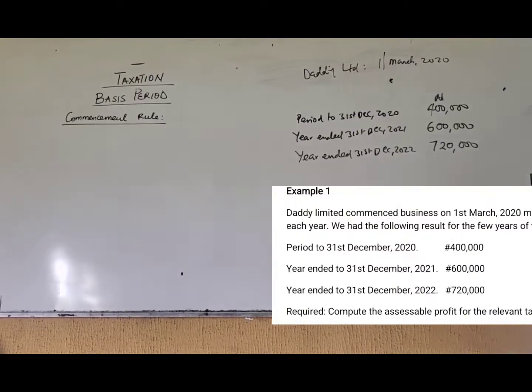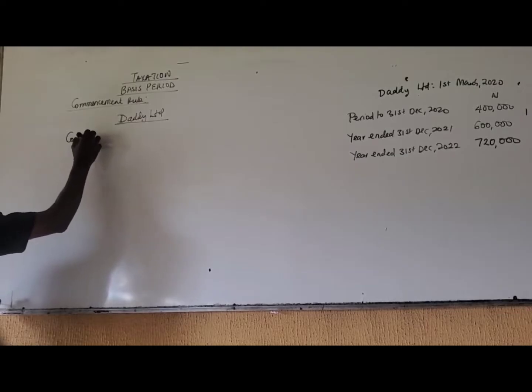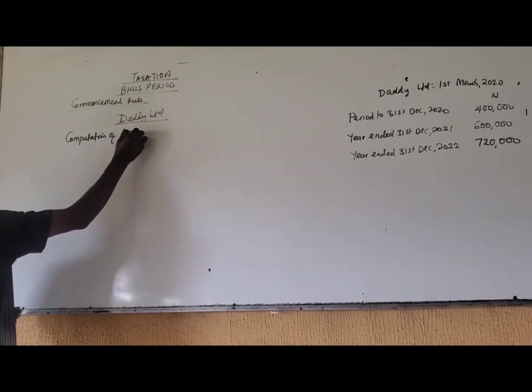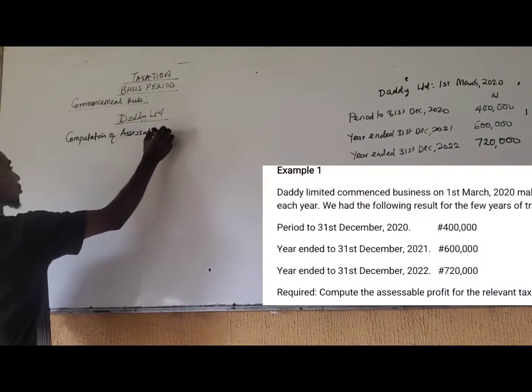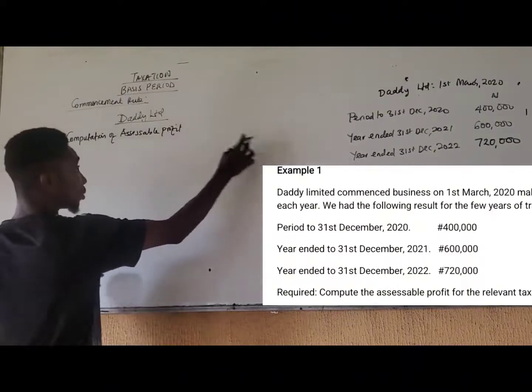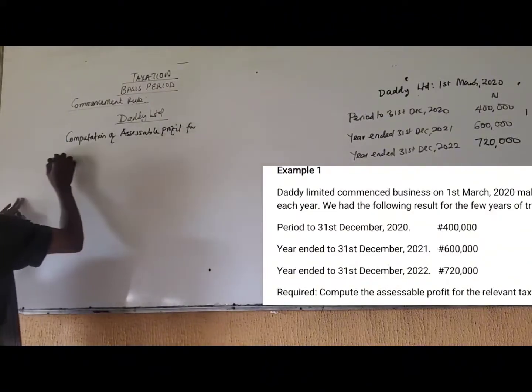Okay, so without wasting time, computation of assessable profit for the relevant years. We'll get to see the years by the time we start solving.